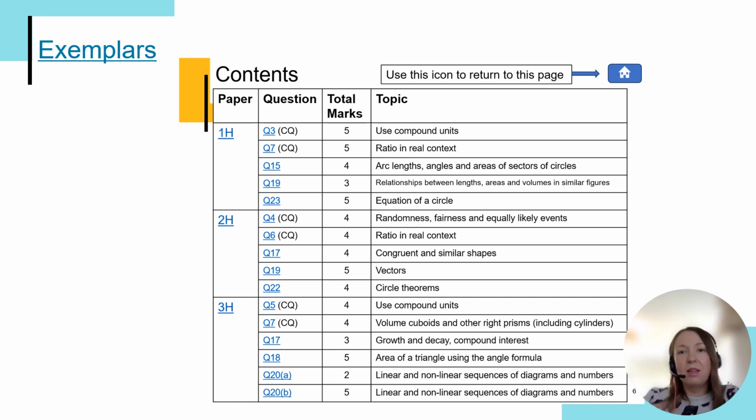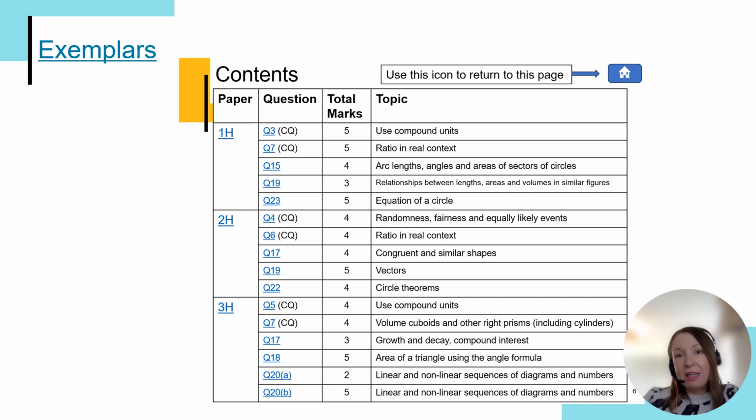Then show them the student exemplars. These are exemplars taken from scripts, anonymised, of actual student work, and get them to become the examiner. Maybe get them to work in groups and mark each response, and then present to the wider group: what mark did they award and why? If they didn't give someone the mark, why not? What did they need to do?